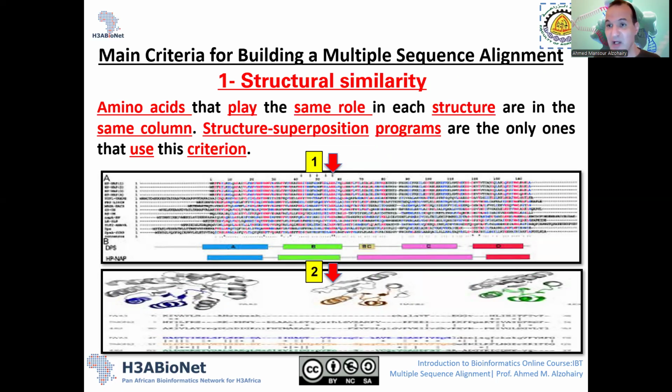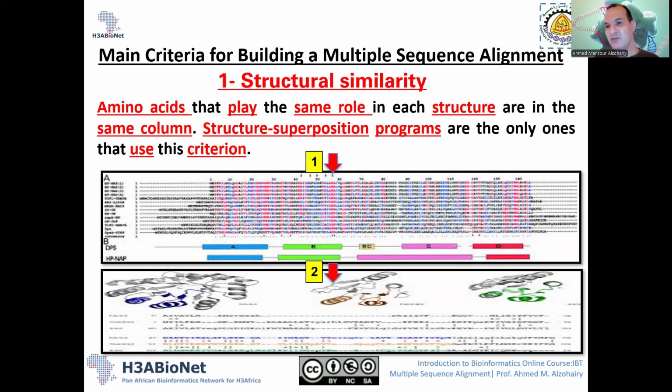Okay, first is structure similarity. That's what we are looking for in the beginning. If amino acids play the same role in the structure, they should be in the same column, at the same position. This is what we call structure superposition, and these programs are always looking for this criterion to find similarity between sequences of the multiple sequence alignment, just to try to prove that there is a structural similarity.